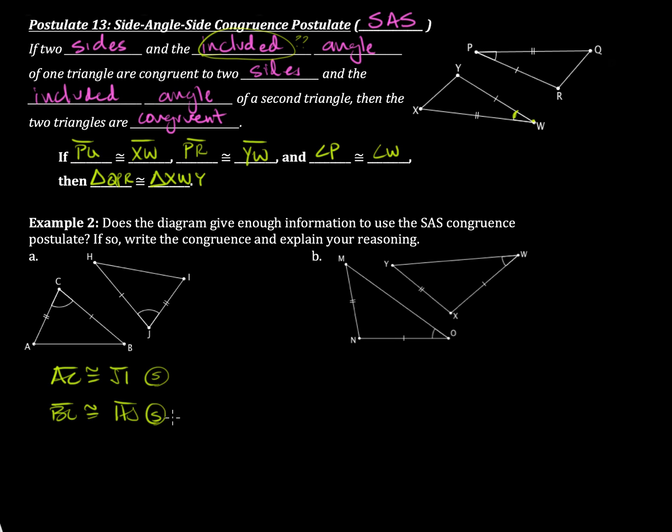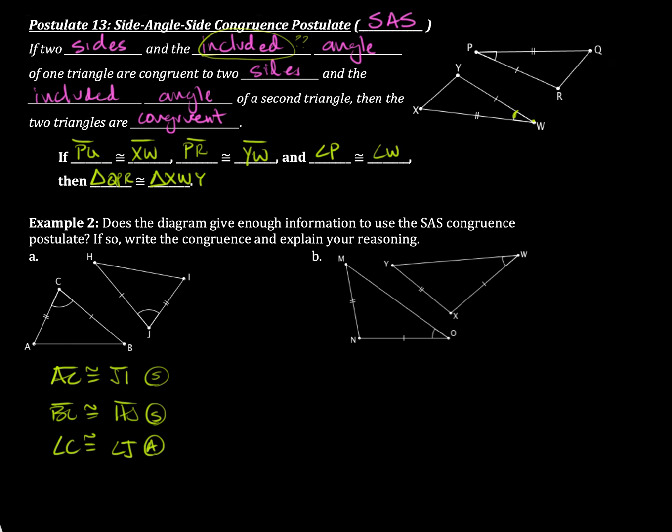It's another pair of sides. And I see that I have a pair of angles, angle C congruent to angle J. So I have the right letters: S, S, and A are two sides and an angle. So I just need to check, is it the correct angle? Is it the included angle for the sides?